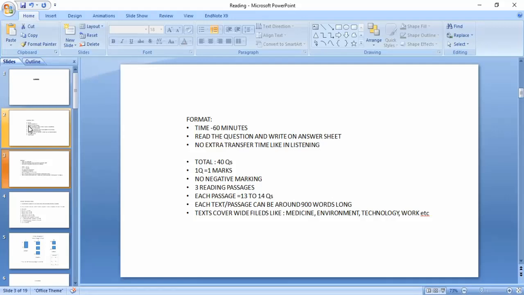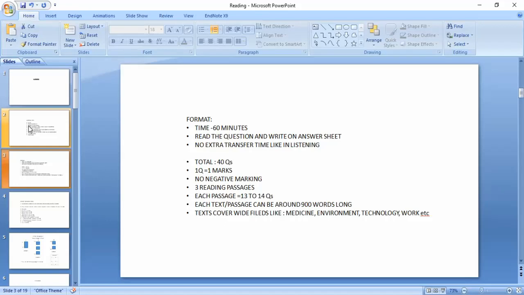That means don't write the answer to question number 5 in number 10 on the answer sheet. For the answer of question number 5, you have to write your answer on number 5 blank on the answer sheet.